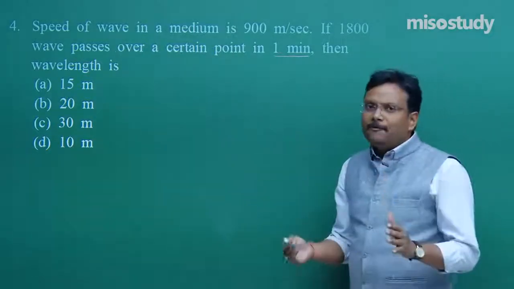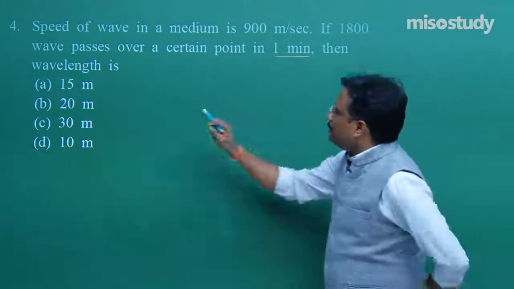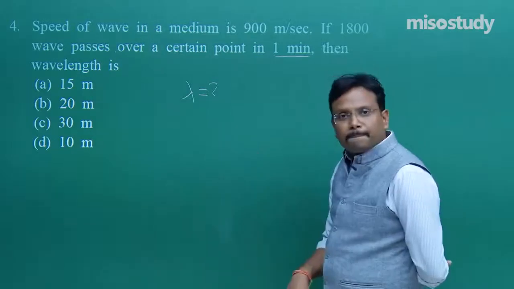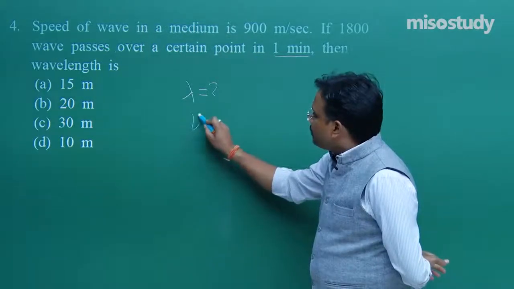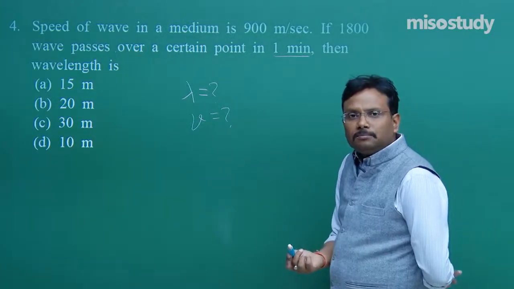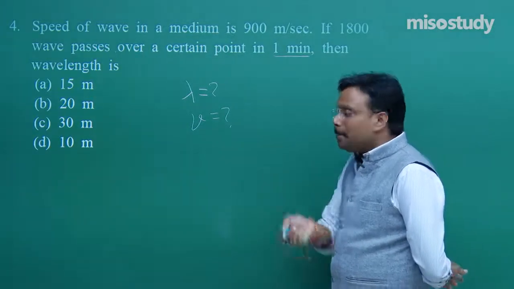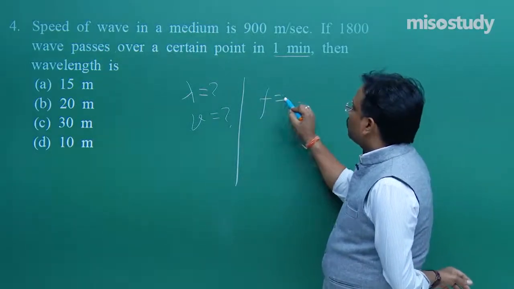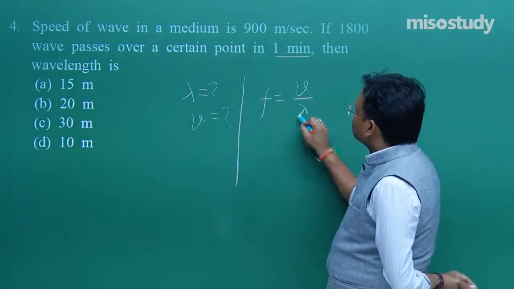Then what is the wavelength? Ultimately we are looking for lambda, while v is given, and the basic result we know, nu is equal to c upon lambda. So from there I can say f is equal to v upon lambda.